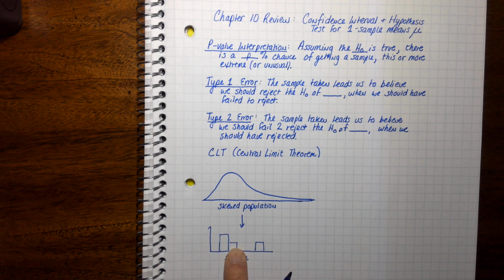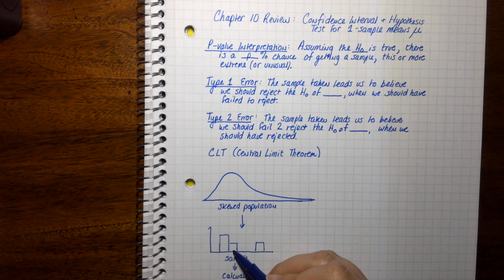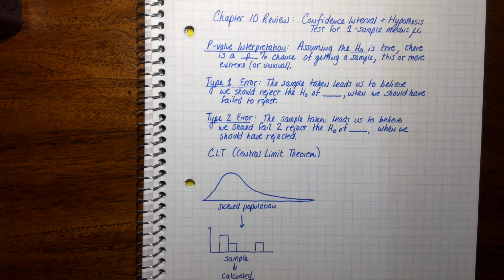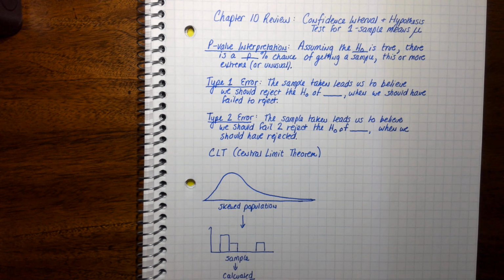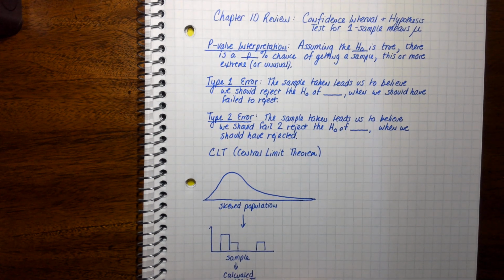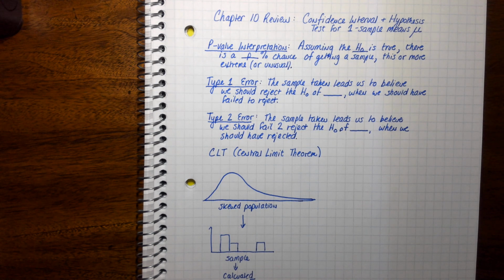This is a random sample, and then what I did was I calculated the mean of that sample. I took this plus this plus this plus this, divided by 4, and calculated the mean, and I kept doing that repeatedly until I got a graph that looks like this.